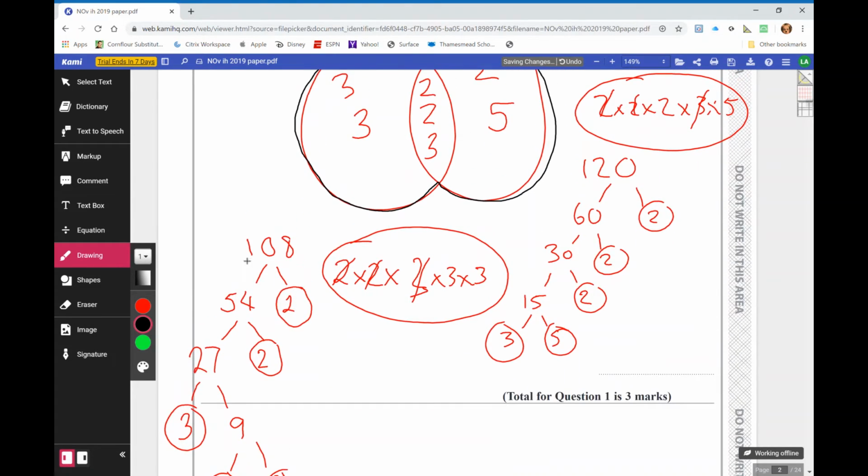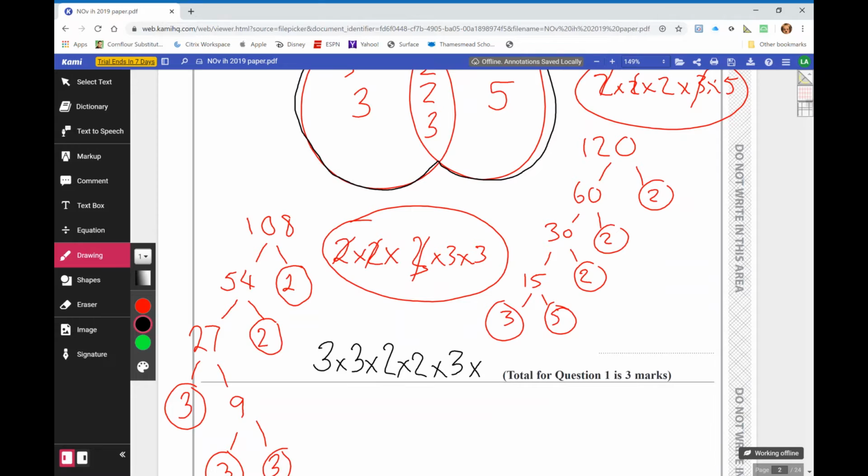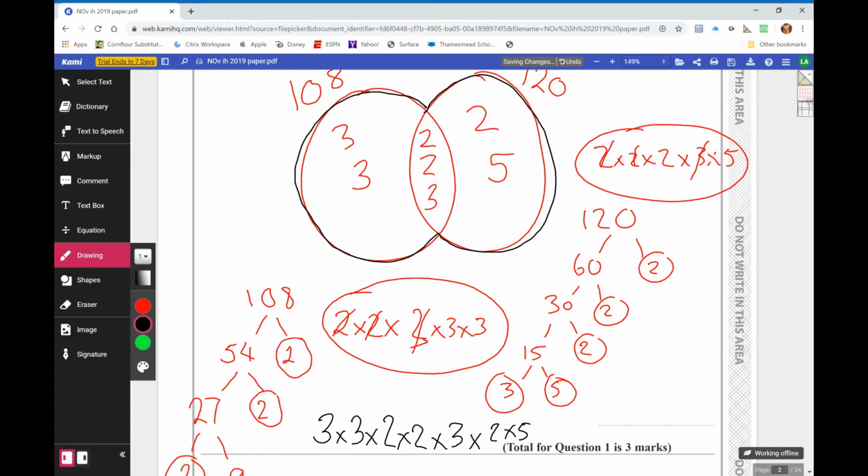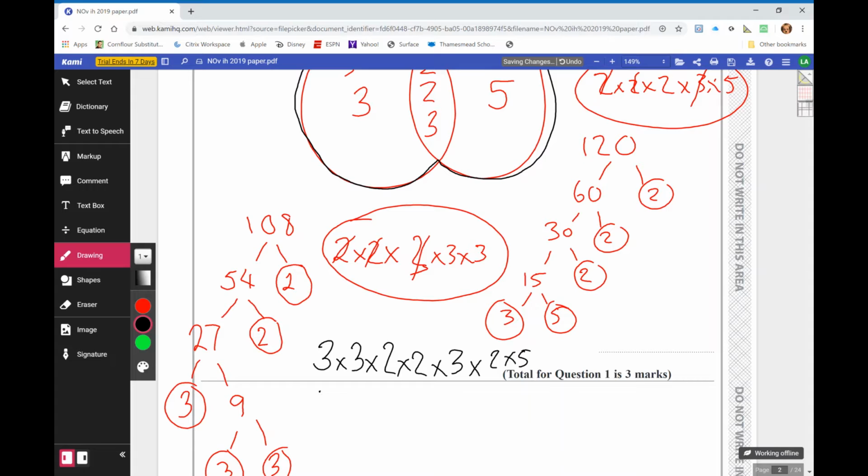So we calculate 3 times 3 times 2 times 2 times 3 times 2 times 5. And we actually know that this circle here equals 108. So all of that up to here is 108, and we just times that by 2 times 5.